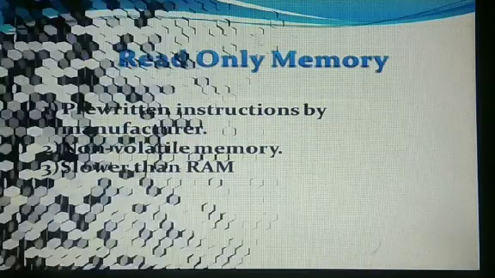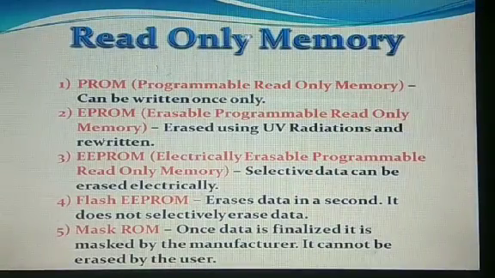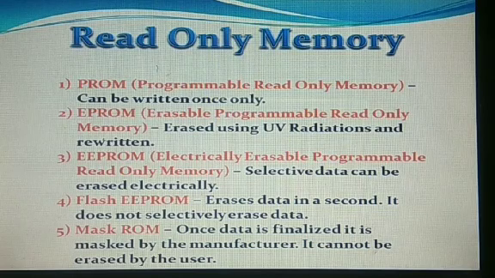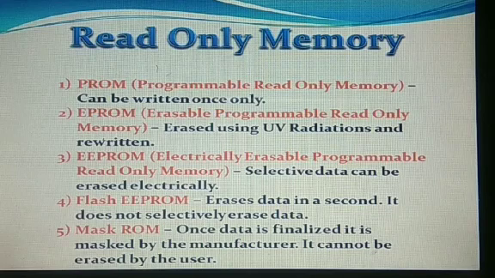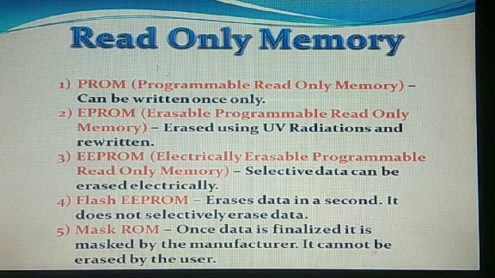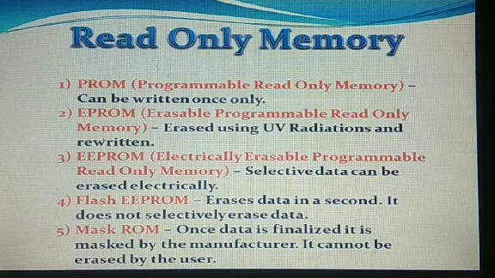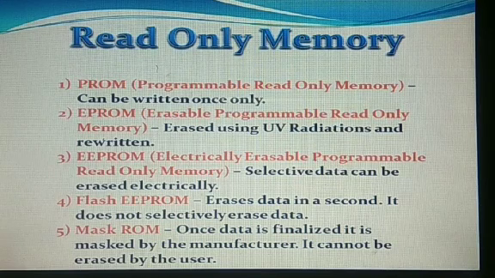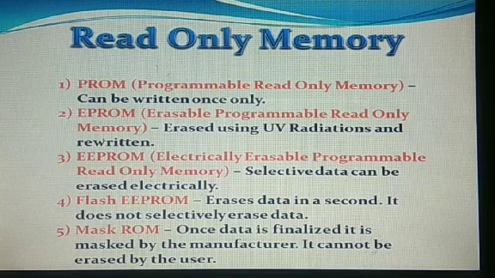Now read-only memories or ROMs are of different types. You can see here PROMs, they can be written just once only, and the data cannot be erased from it. No changes can be made. Then we have erasable programmable read-only memories. Using UV radiations, ultraviolet radiations, we can delete the content of EPROMs several times and it can be rewritten again and again.